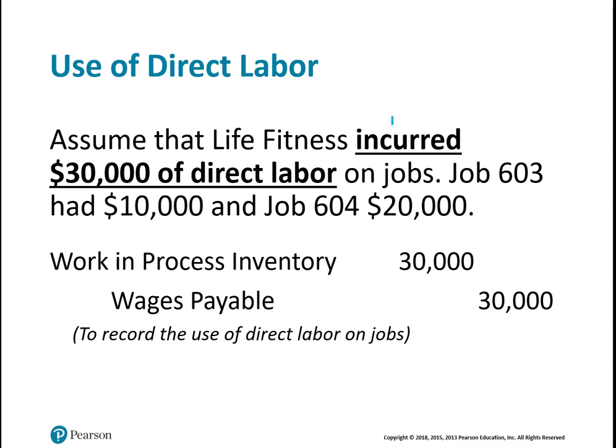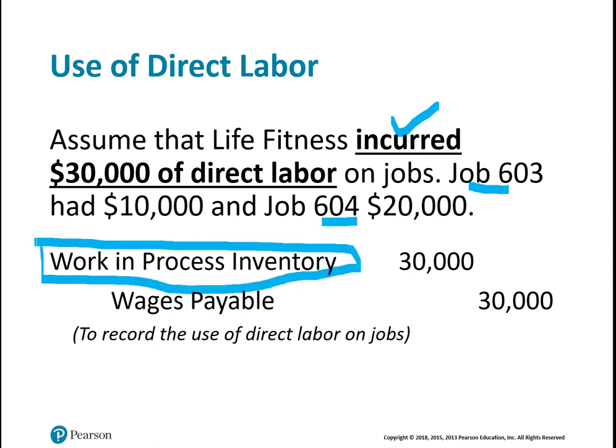Now, remember that in accounting, words mean something. So incurred is the same thing as saying used. So $30,000 of direct labor. And again, we have 2 jobs that are going on, job 603, job 604. And again, we don't have a direct labor account. Instead, the controlling account, which is the work in process, or sometimes known as the WIP account.